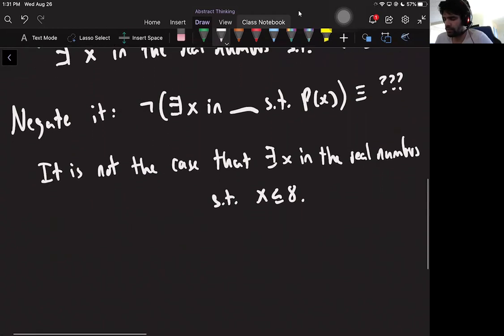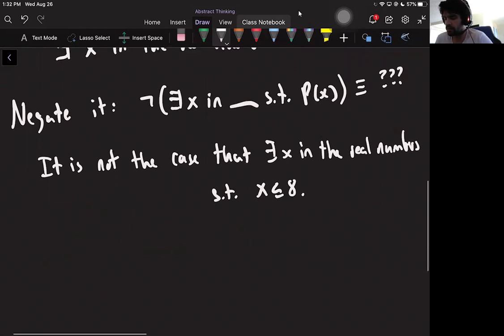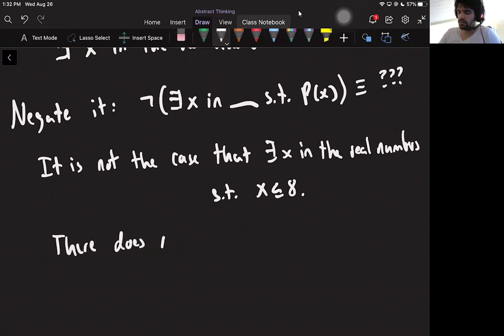But let's try to think of it in a nicer way. What does it mean to say that it's not the case that there exists an x in the real numbers such that x is less than or equal to 8? Well, one way to say it is that there does not exist, because we're saying it is not the case that there exists.